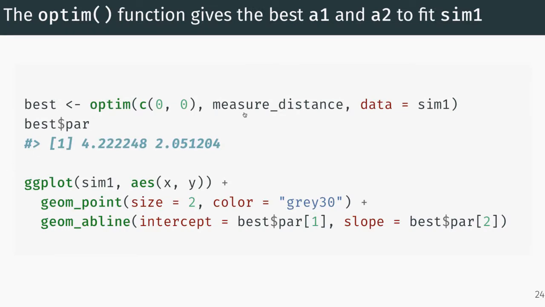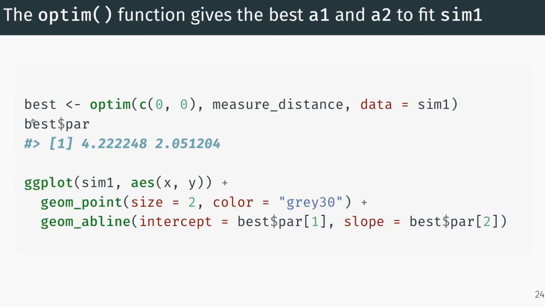And optim is going to take measured distance. If you recall, this was the function that we developed to evaluate each individual coordinate pair. And optim is going to also take in the simulated data set, and it's going to spit out the coefficients.